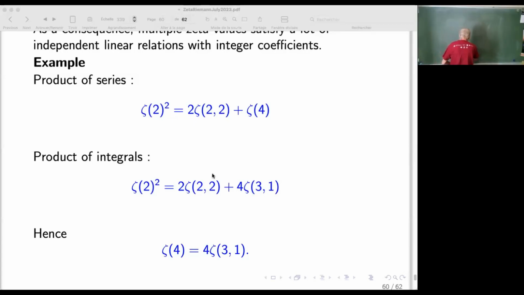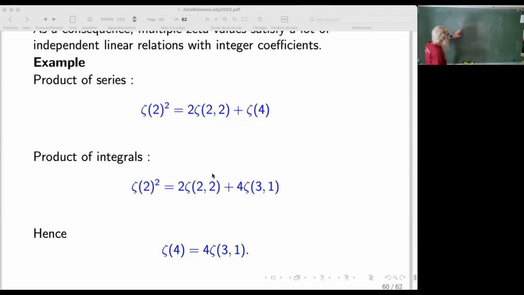That is something which is rather simple. When you have zeta of S, we are interested in polynomials in zeta of S. So we have to take zeta of S1, zeta of S2, and so on.